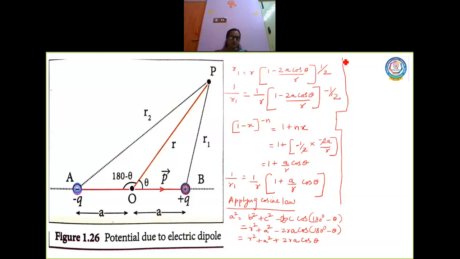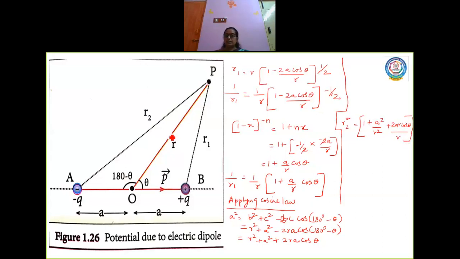Okay. So now again you will have the substitution, where the substitution goes. Now I have r2 square equal to, again I have 1 plus a square by r square plus 2ar cos theta by r. The same step what I did.